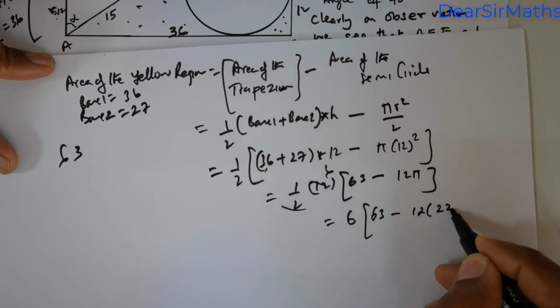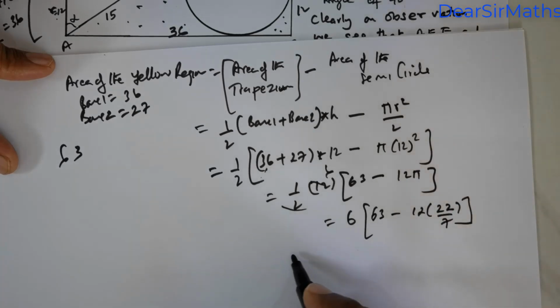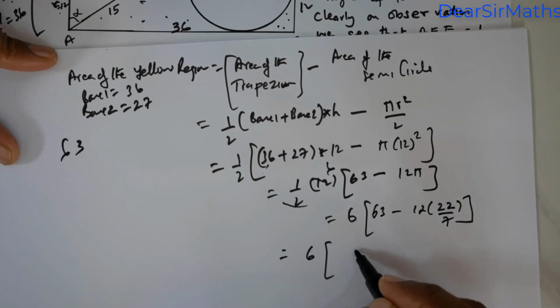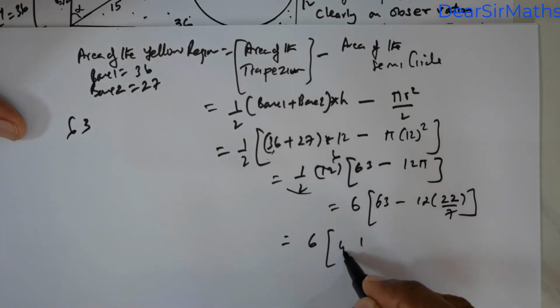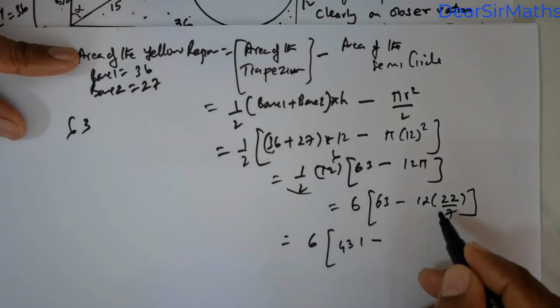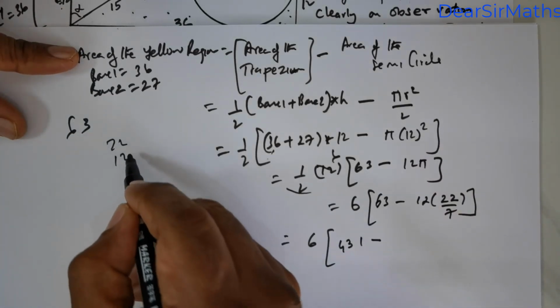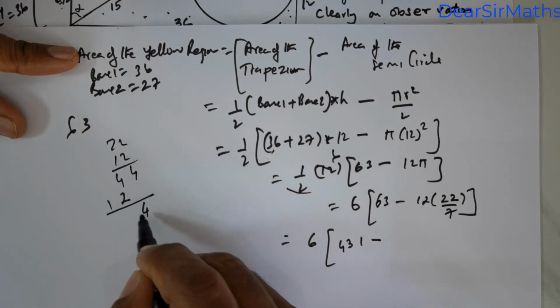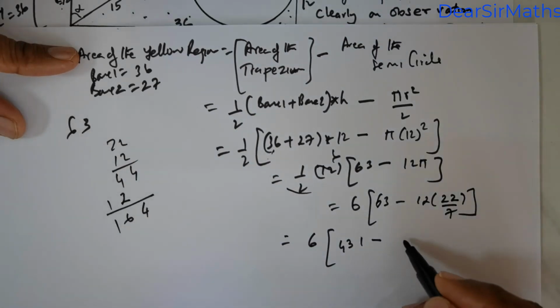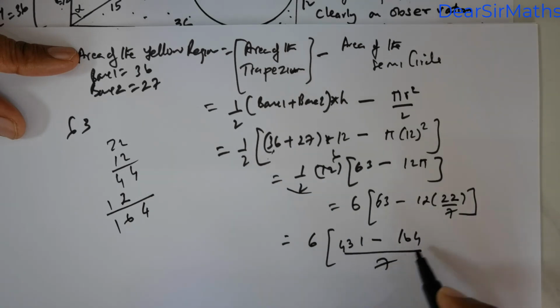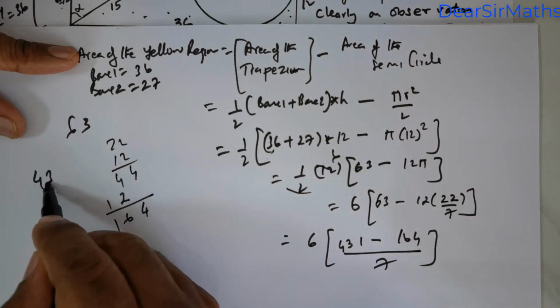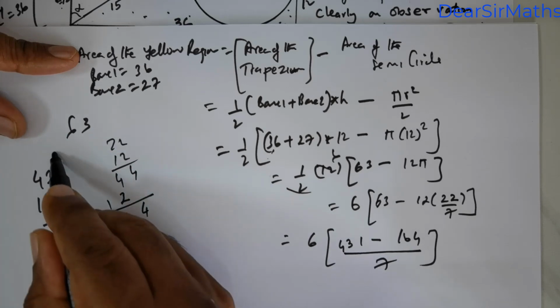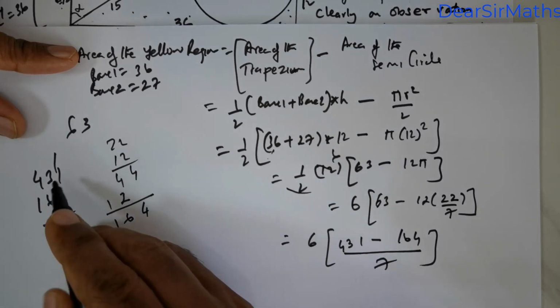Now I can take pi as 22 over 7. So this is going to be 6 times 7 is 42, 43, negative 22 into 12, which is 264. 264 divided by 7.